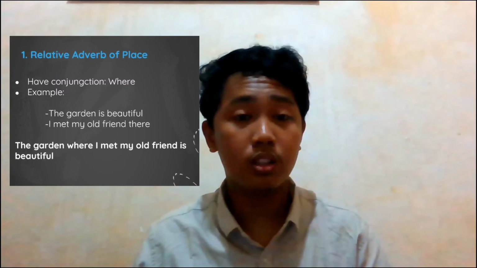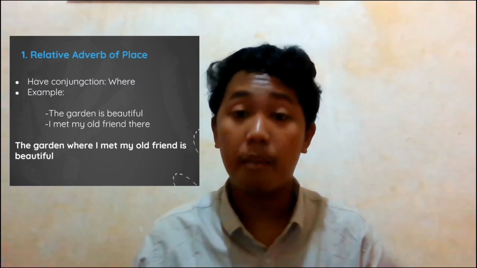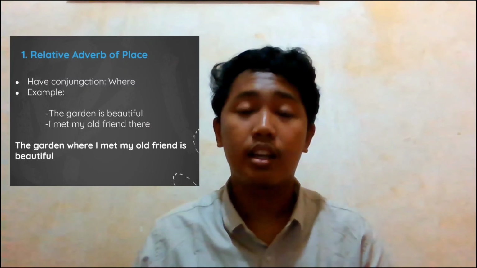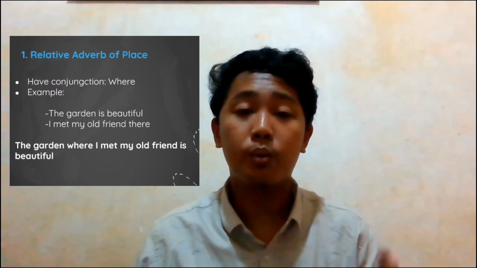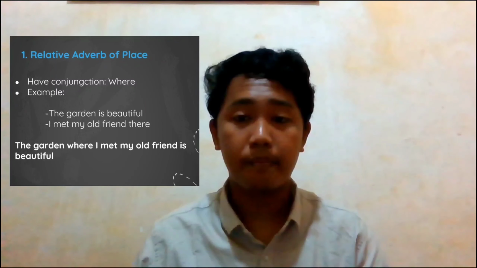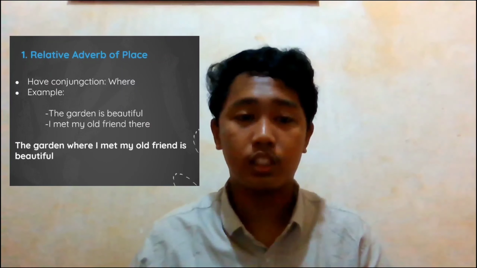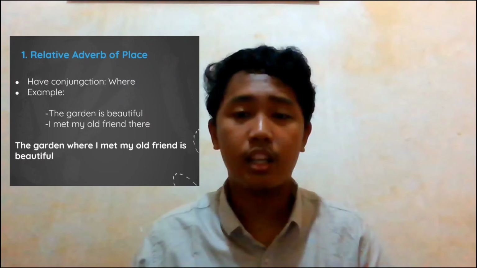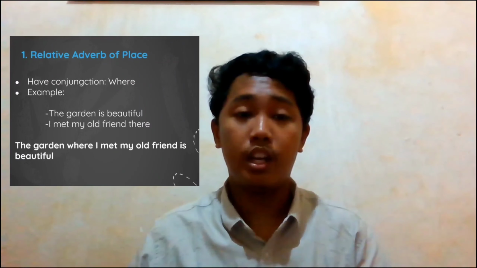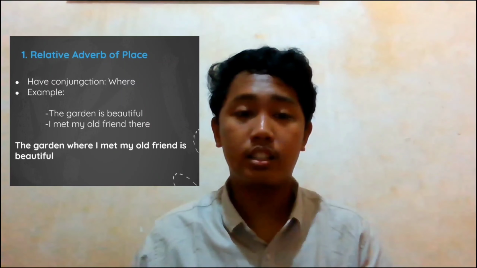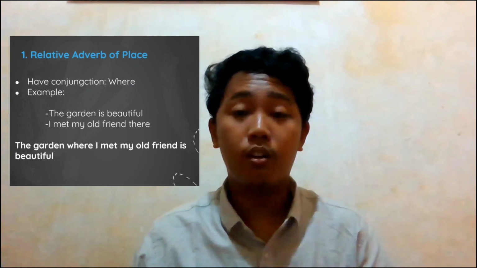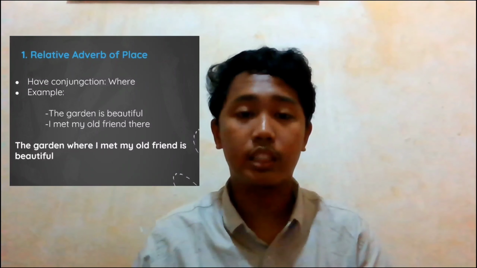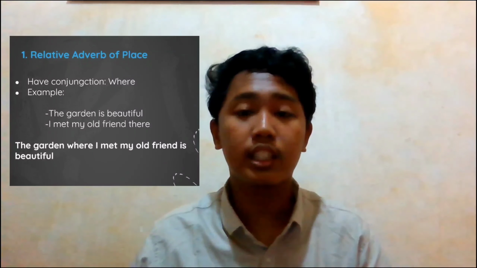The words are the garden and there, because we want to explain the garden, so we put the words the garden in front. We write like this: the garden where I met my old friend is beautiful. We don't write the word there because it has been explained by the conjunction where.